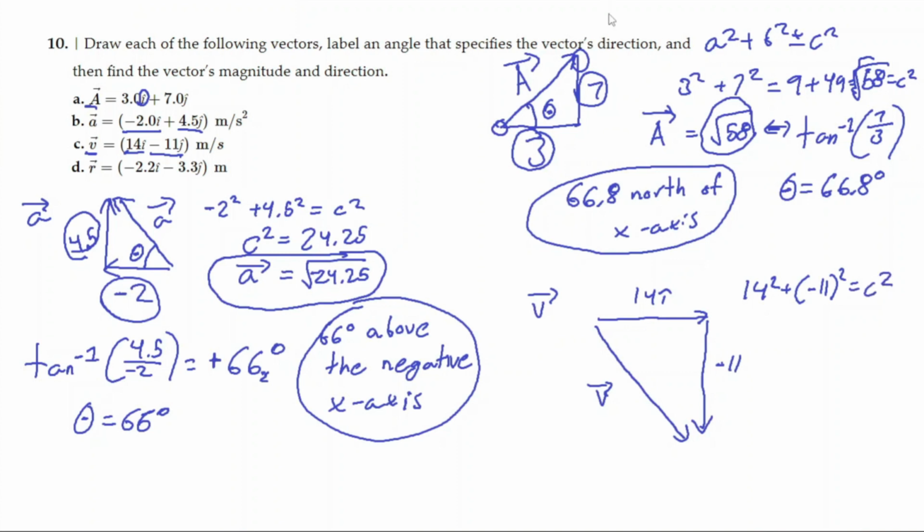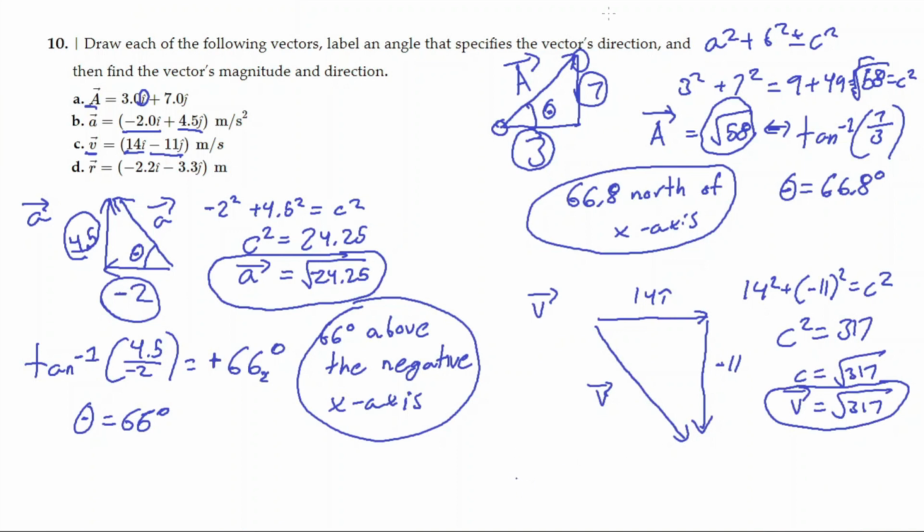If you do the math, 14 squared is equal to 196, plus 121. So c squared would be equal to 317, and c would be equal to the square root of 317, which is also the magnitude of the velocity vector. So square root of 317.